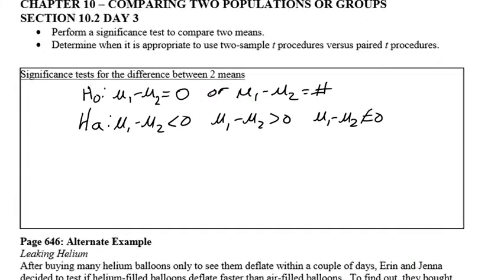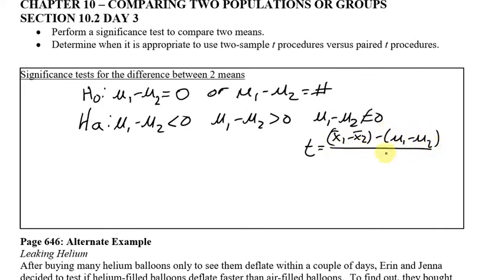If conditions are met, our t statistic would be x bar 1 minus x bar 2 minus mu sub 1 minus mu sub 2, divided by the square root of s sub 1 squared divided by n sub 1 plus s sub 2 squared, the standard deviation of the second sample, divided by n sub 2.